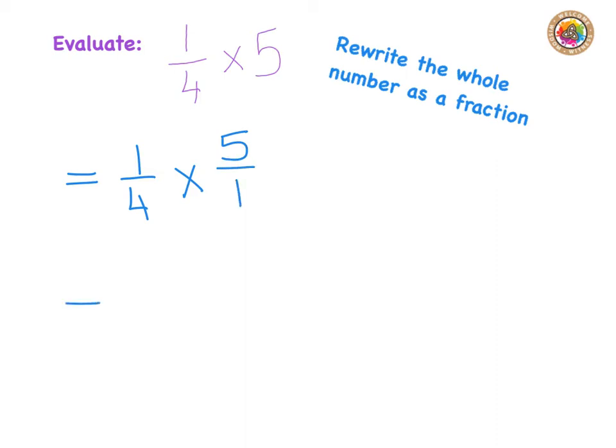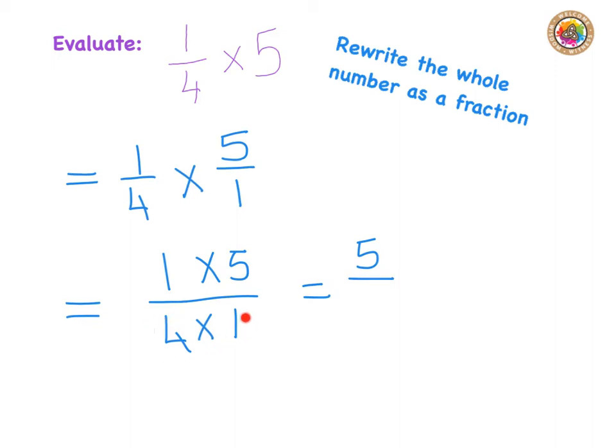And so we're back then to our previous rule, which said top by top, so that's 1 multiplied by 5, over bottom by bottom, 4 multiplied by 1. And when we tidy that up, 1 by 5 gives us 5, and 4 by 1 gives us 4.